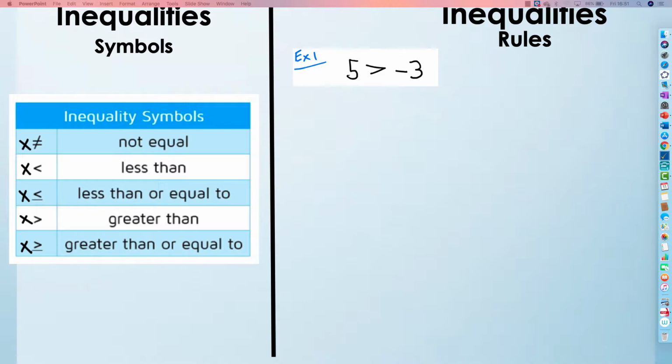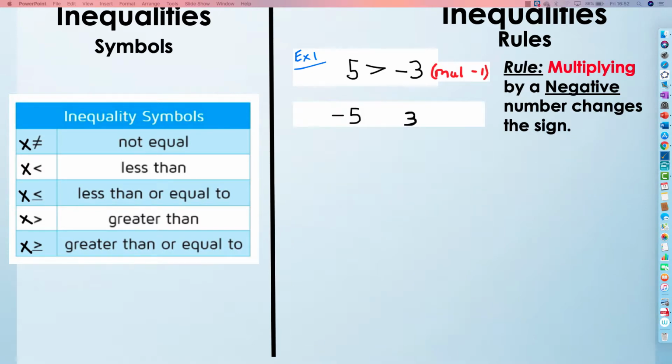So if we look at it, 5 is greater than -3. This is the most important rule when it comes to inequalities. 5 is greater than -3. What about this though? If you multiply both by -1. Multiply 5 by -1, we get -5. Multiply -3 by -1, we get +3. So we now have -5 and +3.